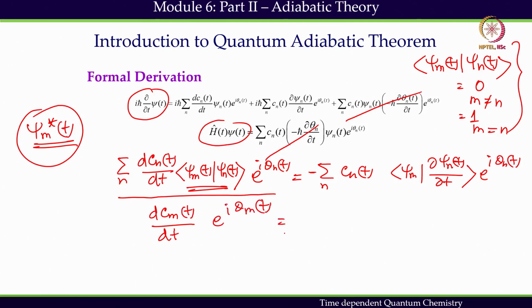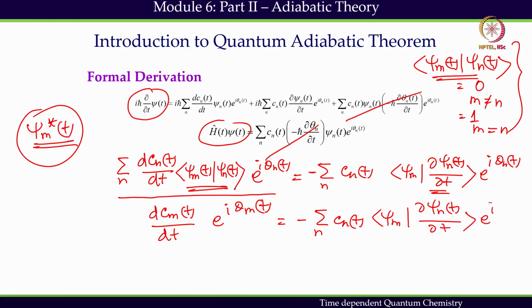On the other hand, on the right hand side I cannot do anything because this is with respect to derivative. I do not have any trick for the derivative yet. So I have to keep it as it is, minus summation c_n(t) psi_m, e to the power i theta_n(t).